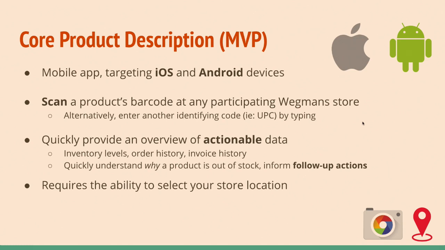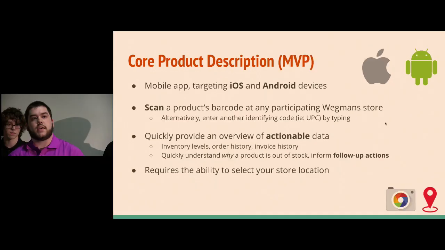All right, so next I'm going to talk about our core product, what we came up with was our minimum viable product. It was a mobile application that is targeting both iOS and Android devices, so cross-platform. And it's going to take advantage of 2 main capabilities of phones, which is the location and the camera.